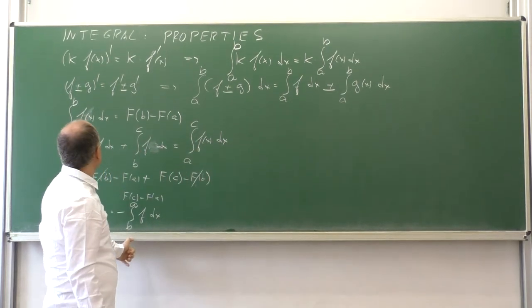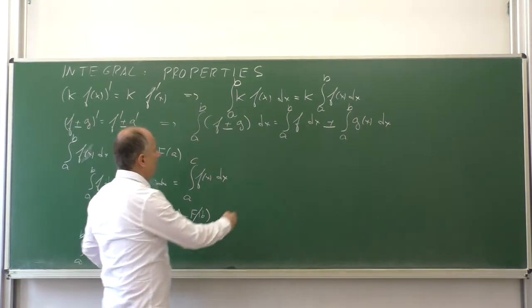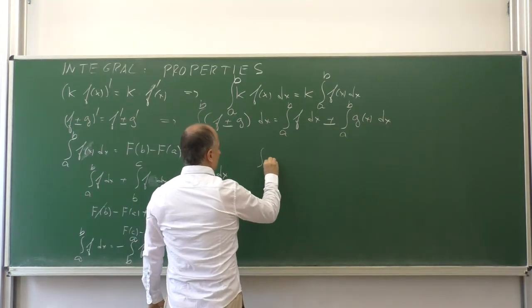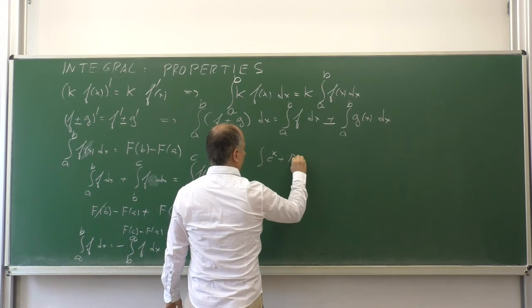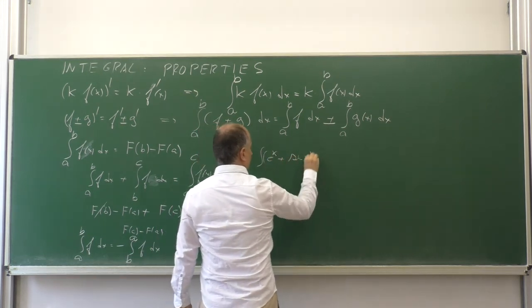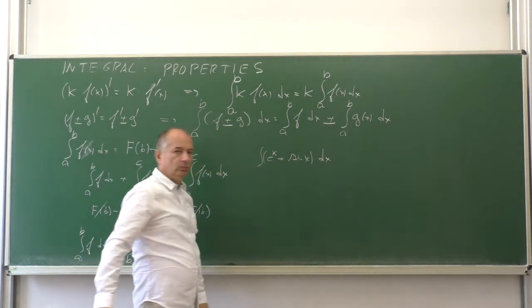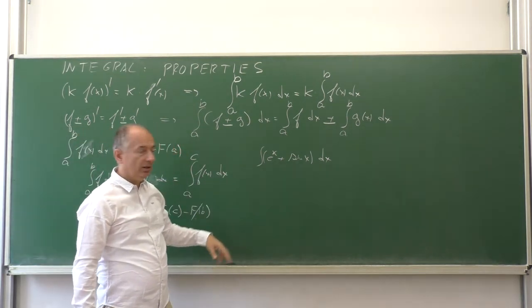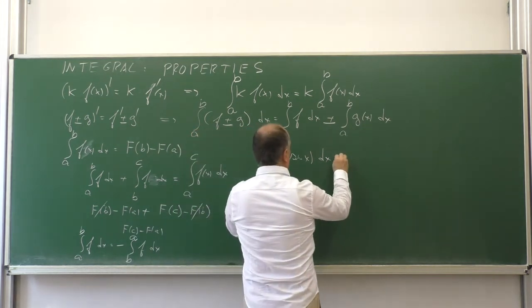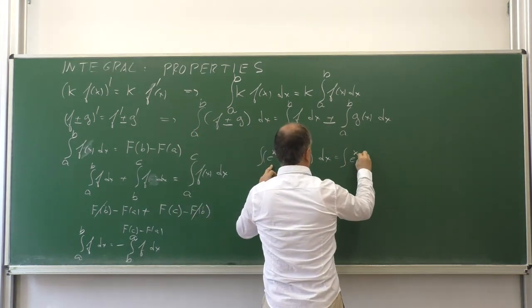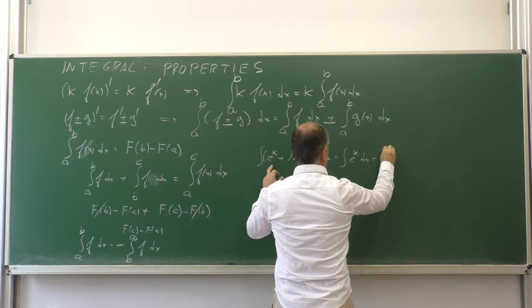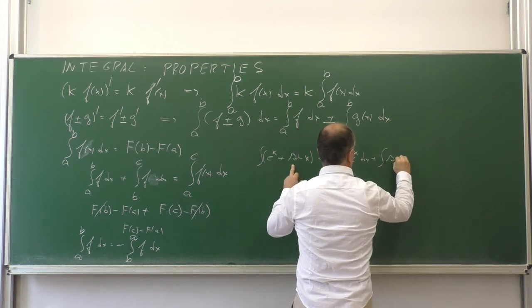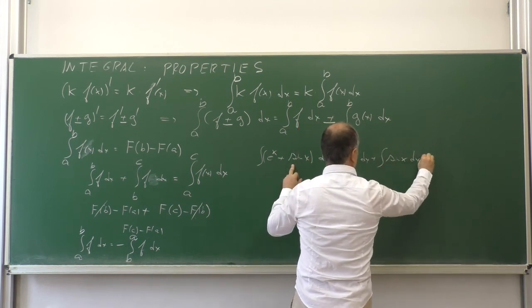Yeah, we could perhaps illustrate some of these rules. Say, consider integral of e to x plus sine of x dx. So integral of sum is sum of integrals. So this is integral of e to x dx plus integral of sine x dx.